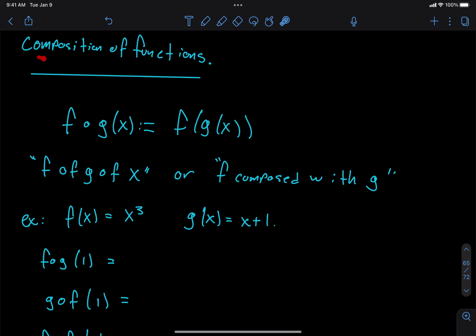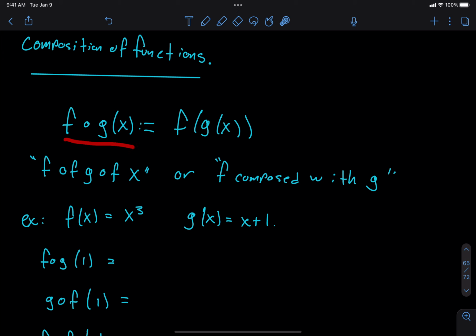So a composition of functions is really about doing something like this, okay? We're going to take one function and we're going to plug it in as the input in another function. And the notation that we sometimes use for that is this f, and then we do a little circle. It's not a multiplication dot, it's a small circle.